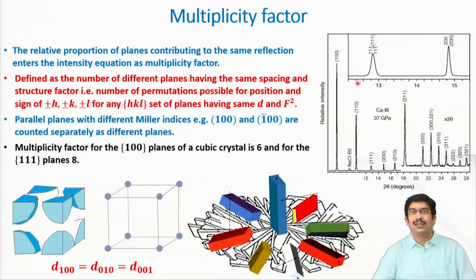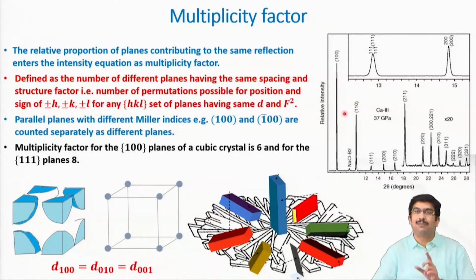If I now take the X-ray diffraction profile from the simple cubic structure, I will get only one peak corresponding to these 100 type or 100 family of planes, because they have exactly the same d value. If lambda remains constant and d remains constant, then sin theta will also be constant.